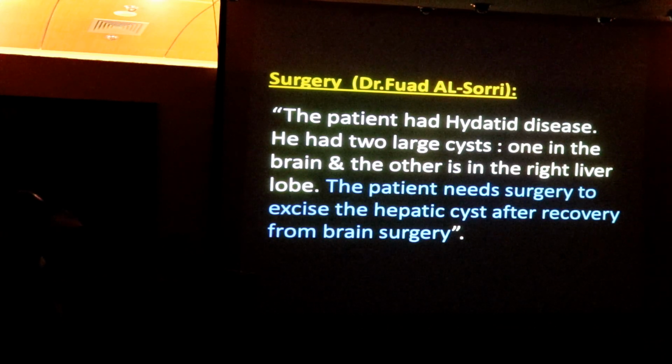As long as the patient is having one pathological and symptomatic lesion in the brain and another silent lesion in the liver, the decision was to go for the brain surgery first and get rid of the brain pathology. Then after the patient recovers, having a course of albendazole, and later on go for the liver disease.